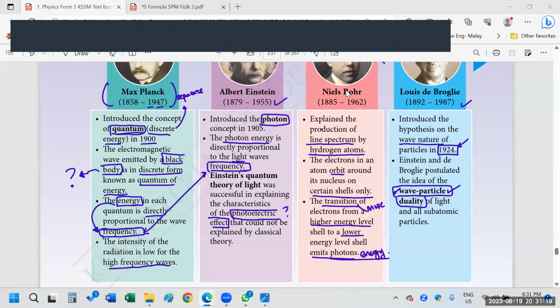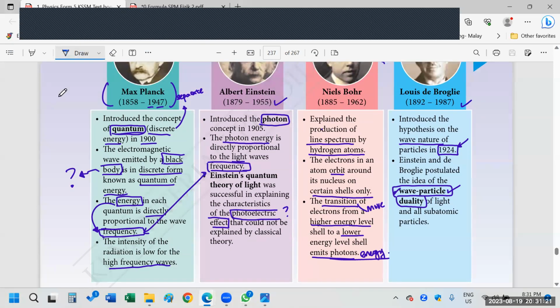They did many experiments, and he found that quantum energy is directly proportional to the frequency of light. And then you all know, if you need to change a directly proportional relation to an equal sign, there must be a constant as a ratio.